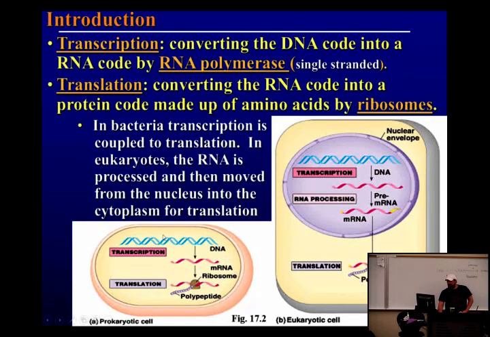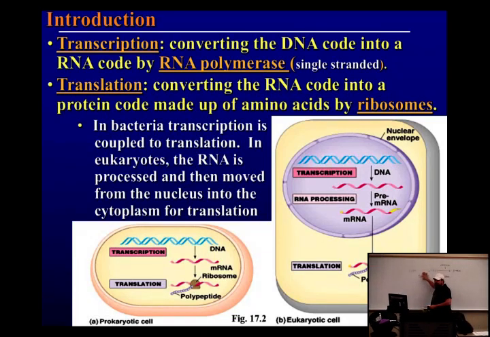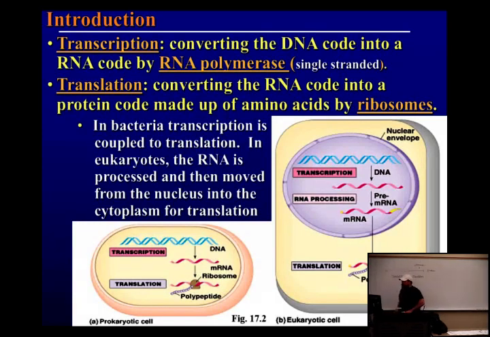In prokaryotes, that occurs all in the same space because prokaryotes don't have a nucleus, right? But in us, transcription occurs where? In the nucleus, and then translation occurs where the ribosome's found? In the cytoplasm, right? So there's two different spaces that this occurs. In the nucleus, transcription occurs, and then in the cytoplasm, translation occurs in eukaryotes. It's all together in prokaryotes.